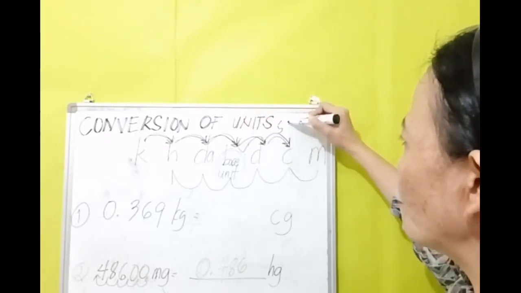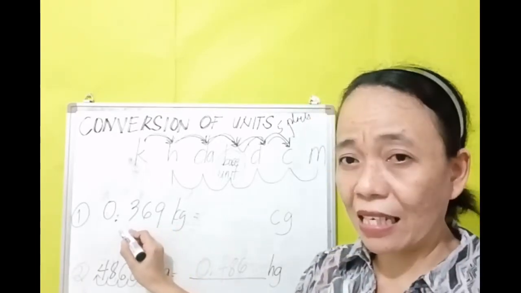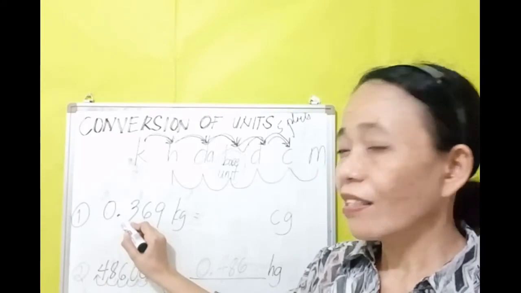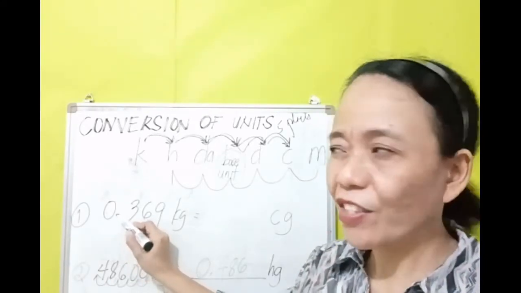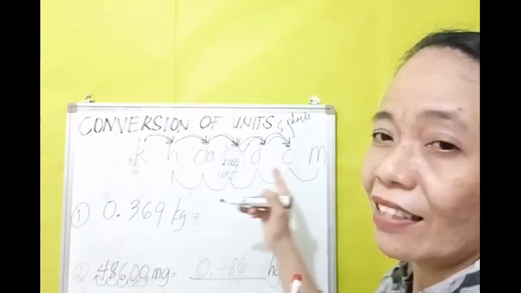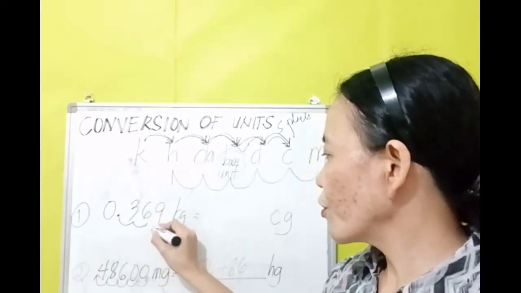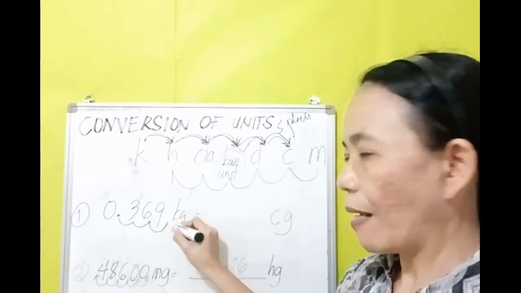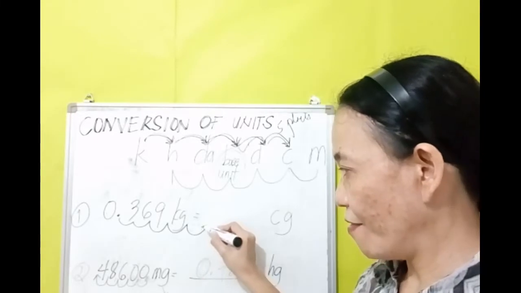So still 5 places. So therefore, this is the decimal point. So move the decimal point to the right. So we have 1, 2, 3, 4, 5.